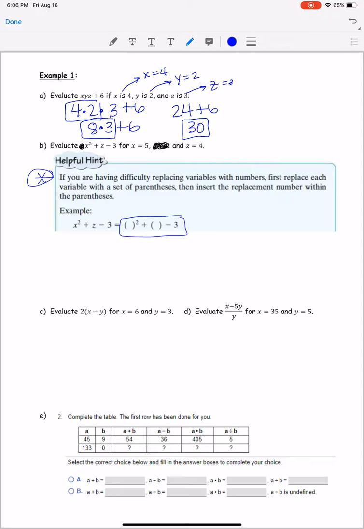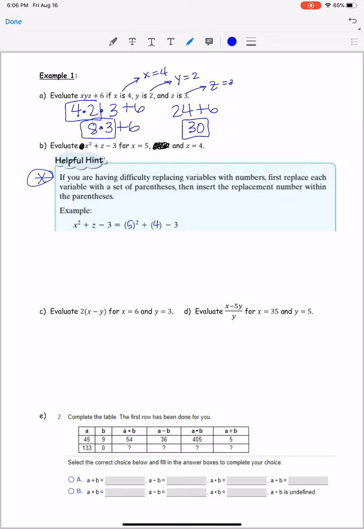They just put parentheses where variables need to be. And I like this because now, this was x squared, so what is my x? My x is 5. So we're replacing 5 right here. Same thing, this is z. What does z equal? z equals 4. And so now this is plus 4.